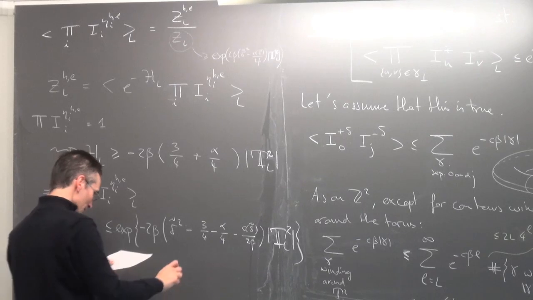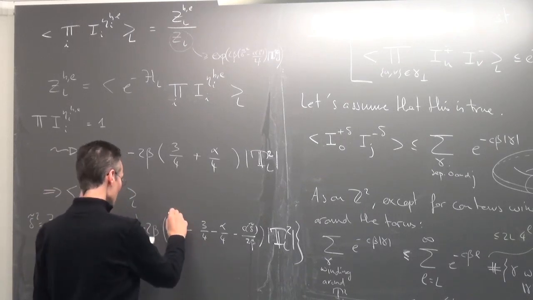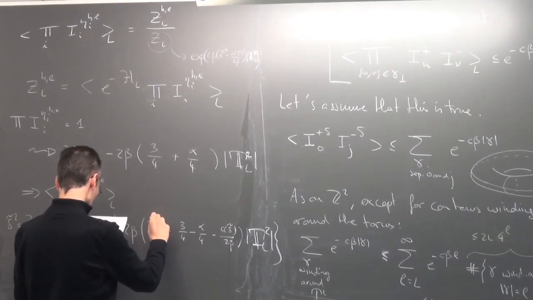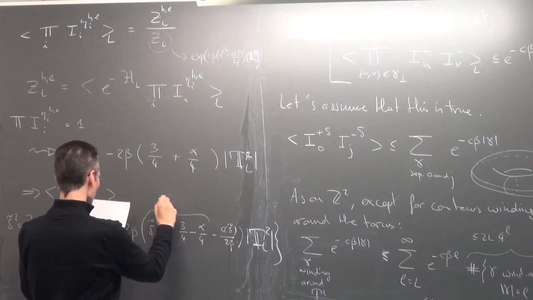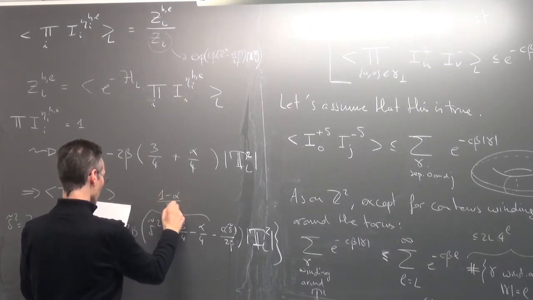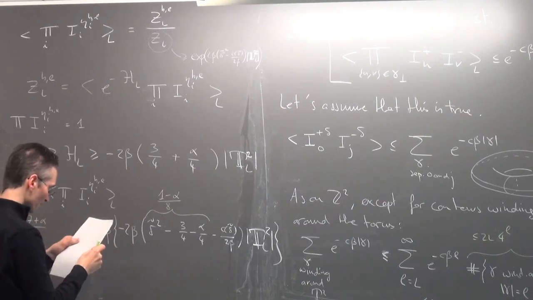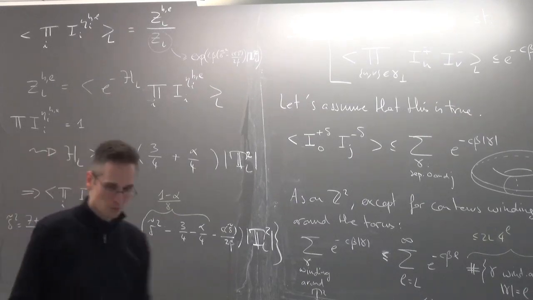And if you do that, you check that this quantity becomes 1 minus alpha over 8. Yeah, check that.